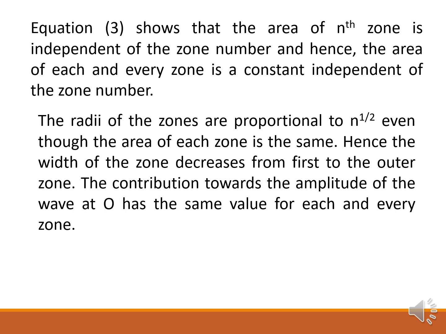Now the radii of the zones are proportional to square root of n, even though the area of each zone is the same. Hence the width of the zone decreases from first to the outer zone. The contribution towards the amplitude of the wave at O has the same value for each and every zone.